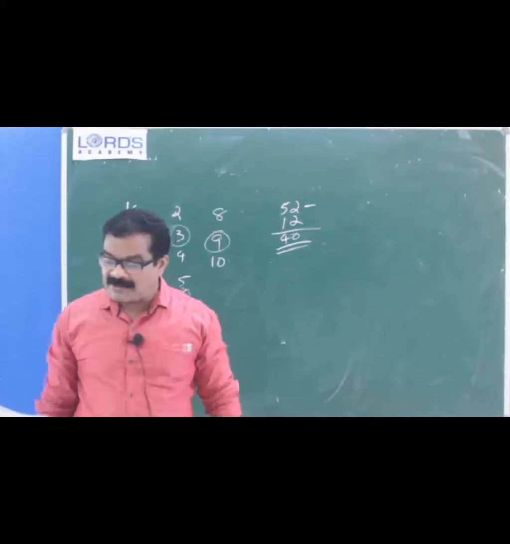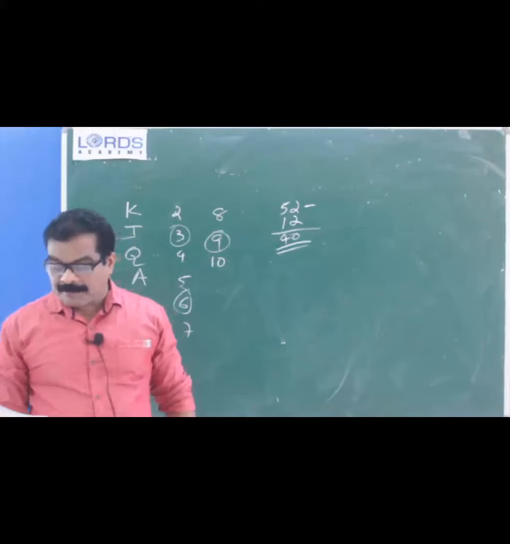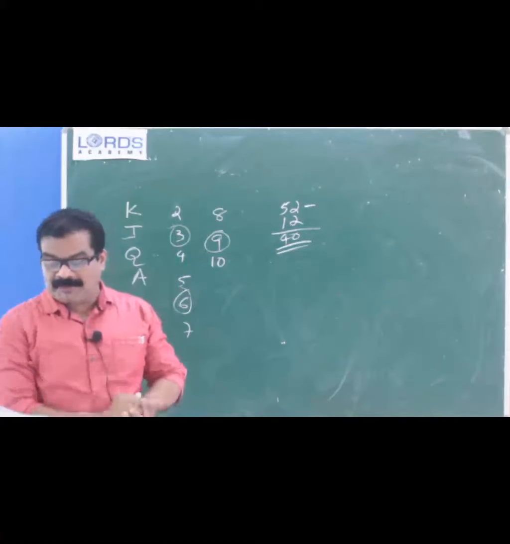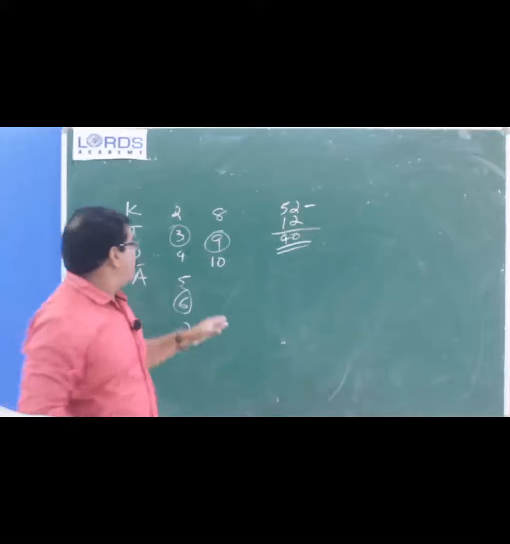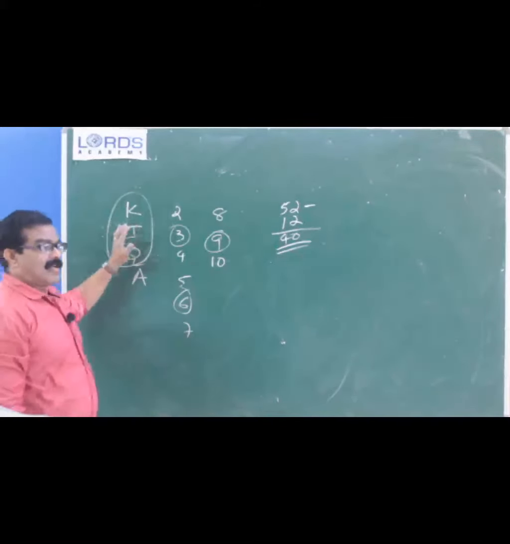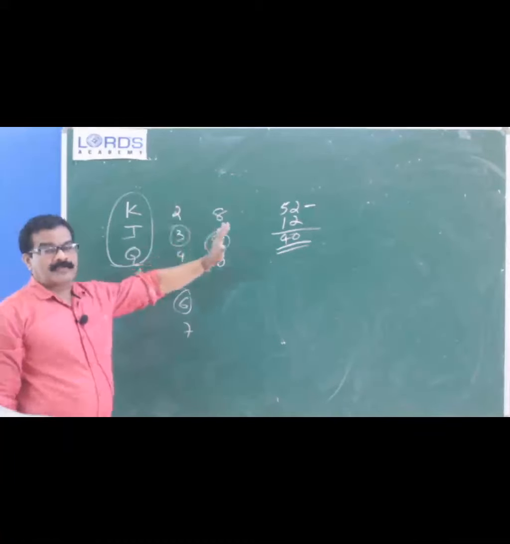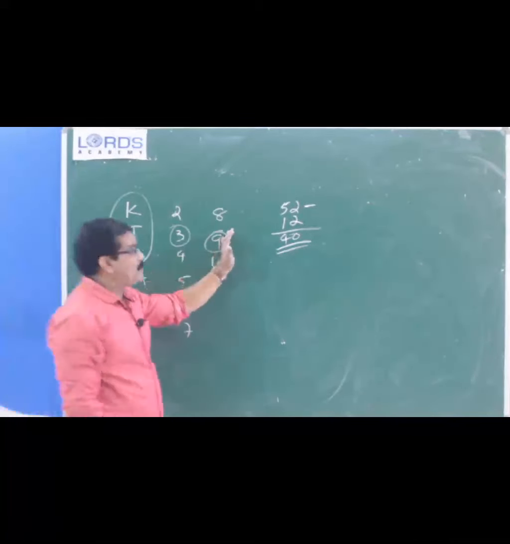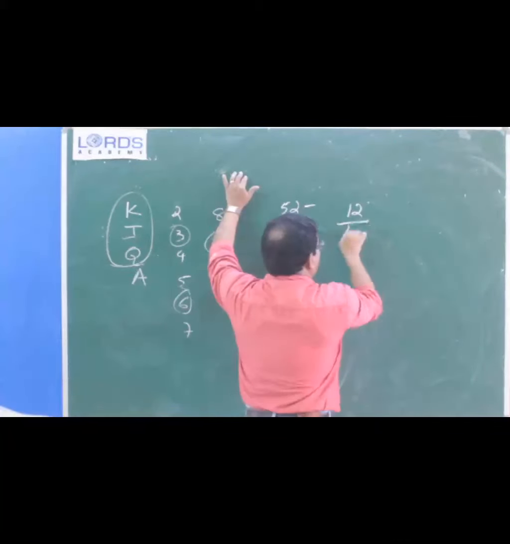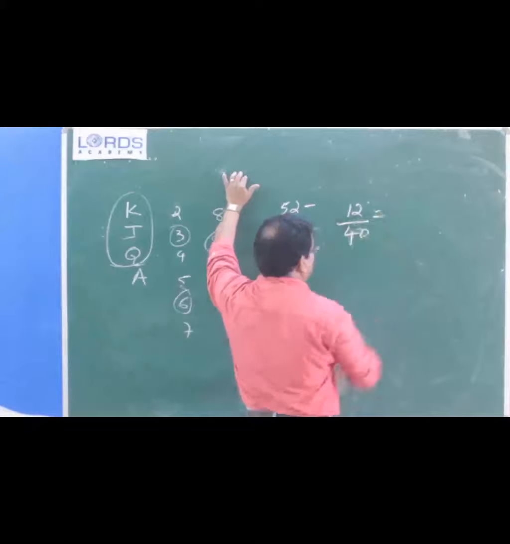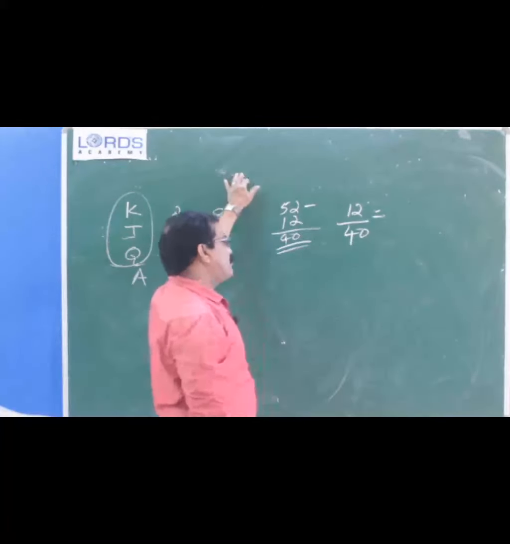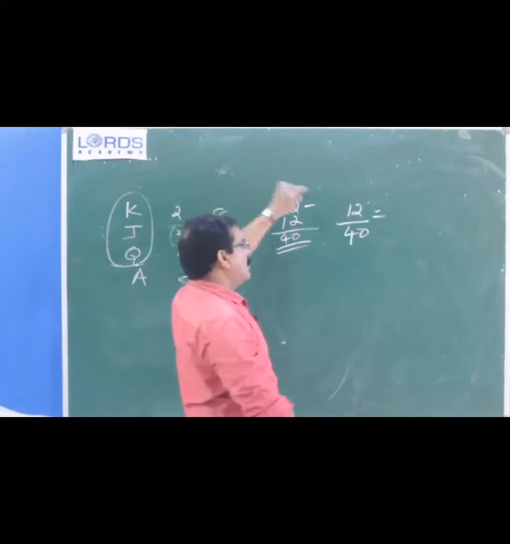Then you can answer it. What will be the probability of getting a face card? Face card means in each set you can see these are the face cards. So 3 into 4, 12 face cards are there. Therefore, the probability of getting a face card is 12 by 40.